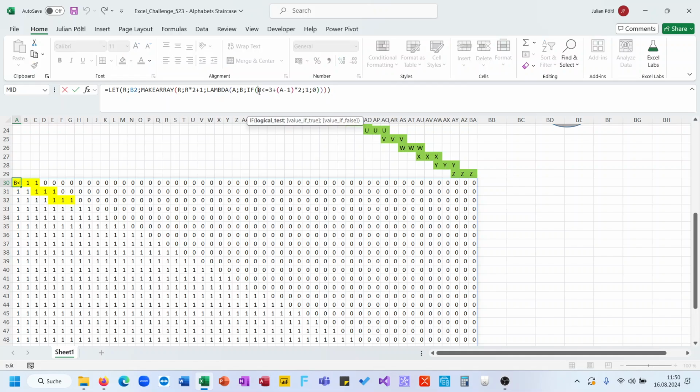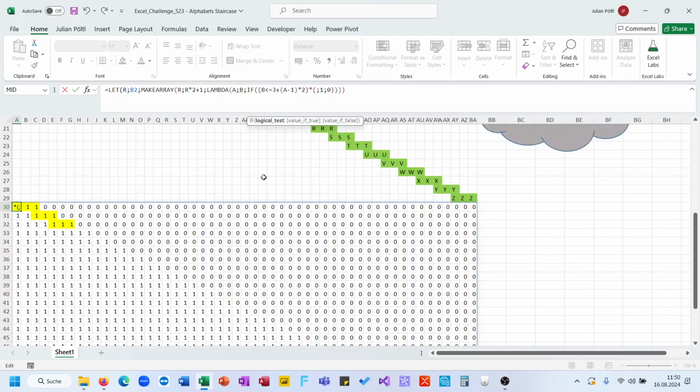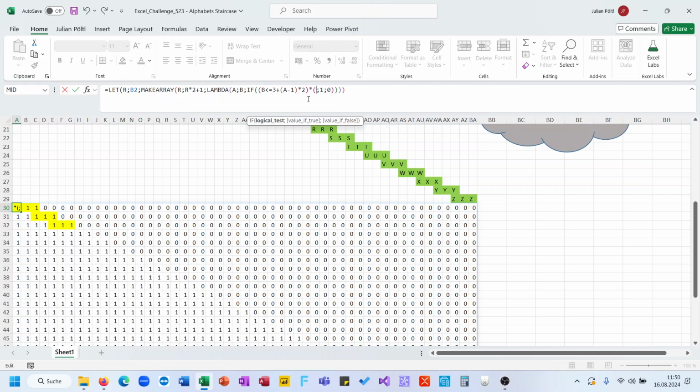So we make an additional argument times B should be larger than 3 minus A. Sorry, this will only work for the first one.